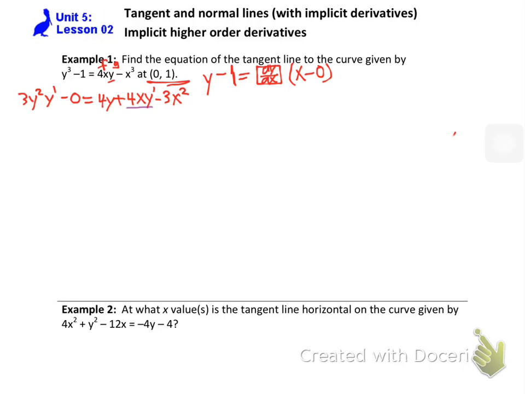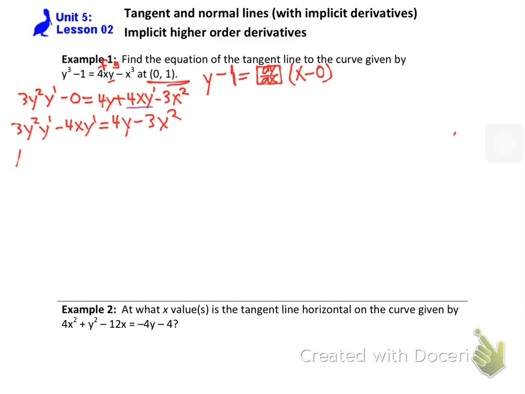So moving right along, we have 3y squared y prime minus 4x y prime. All of that equals 4y minus 3x squared. So now that we've done that, all we have to do is factor out our y prime. Factoring that out, we get the following. We're just going to pull that out.